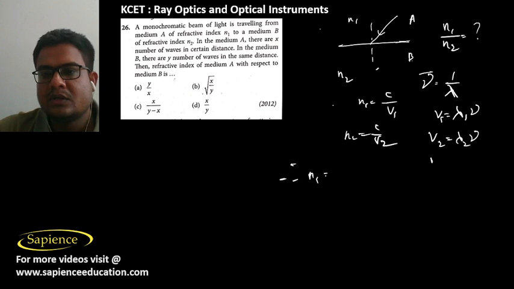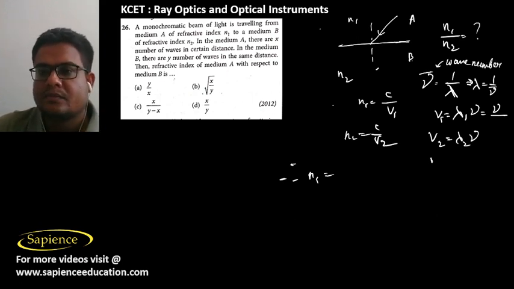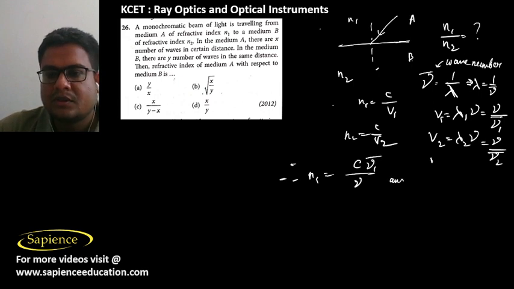So therefore n1, I can write nu by lambda, that is 1 by lambda is nu bar, the wave number. So n1 is c by v1, which is c by nu into lambda 1, that is nu by nu1 bar, and n2 is also equal to c by nu into nu2 bar.